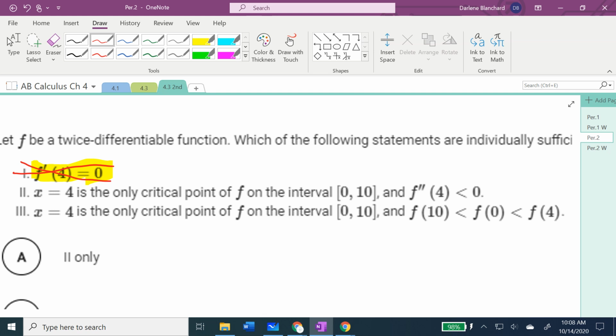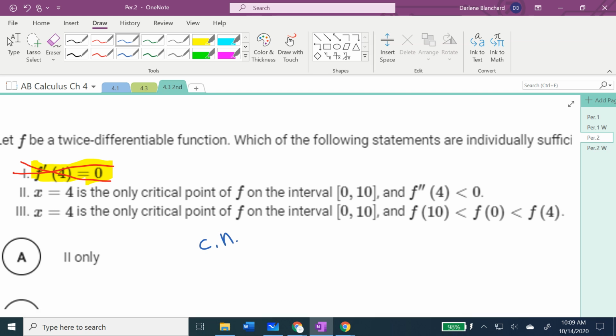Now, if x equals 4 is a critical point of f, what are the options? Sometimes people say critical point, sometimes people say critical number. Honestly, they probably should have said critical number, because when you say point, you're referring to an entire xy coordinate. But anyway, if x equals 4 is a critical number, what are the two possible things that could be happening at 4?